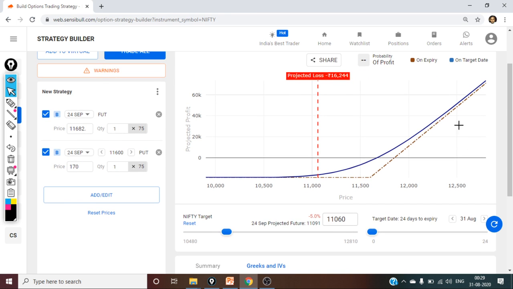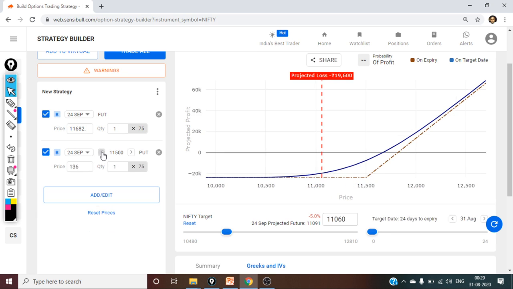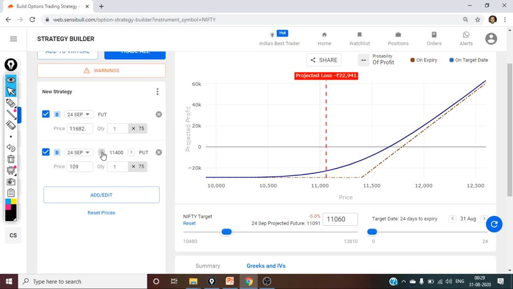Now how much protection can it give? That depends upon which strike put option you buy. You can see if you go to a lower strike, let's say we buy the 11,400 strike put, your protection will be less.